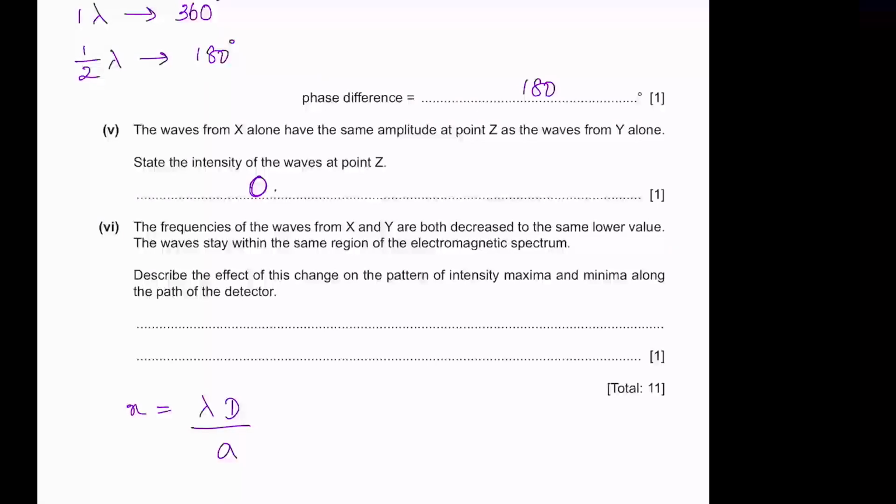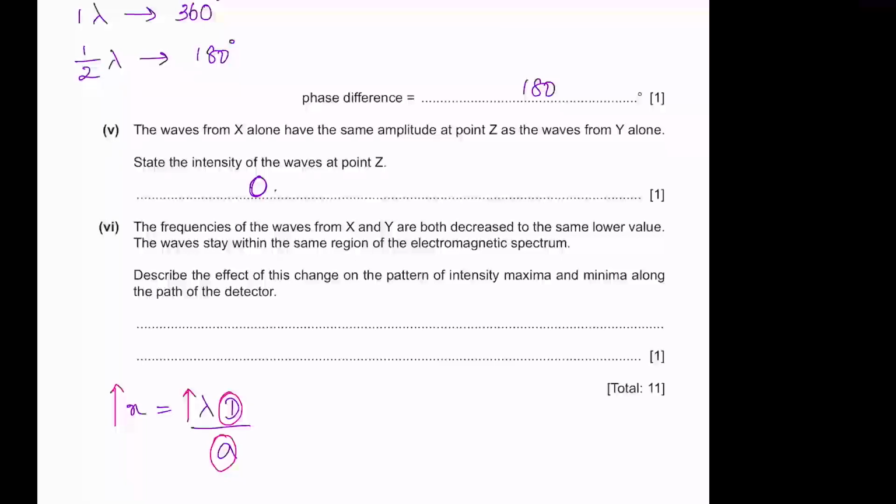The frequencies are decreased means wavelength will be increased, right? So d and a are unchanged. You are increasing lambda, so that means increasing x. So the distance between intensity maxima and intensity minima will be increased.